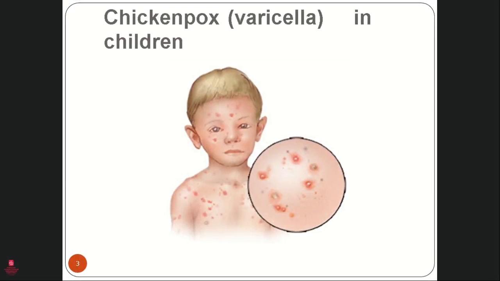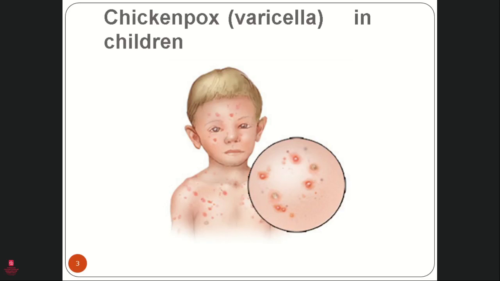Chickenpox is usually a benign disease in children, and almost all children recover uneventfully. However, varicella is not totally benign even today. A significant number of varicella cases are associated with complications, among the most serious of which are varicella pneumonia and encephalitis.